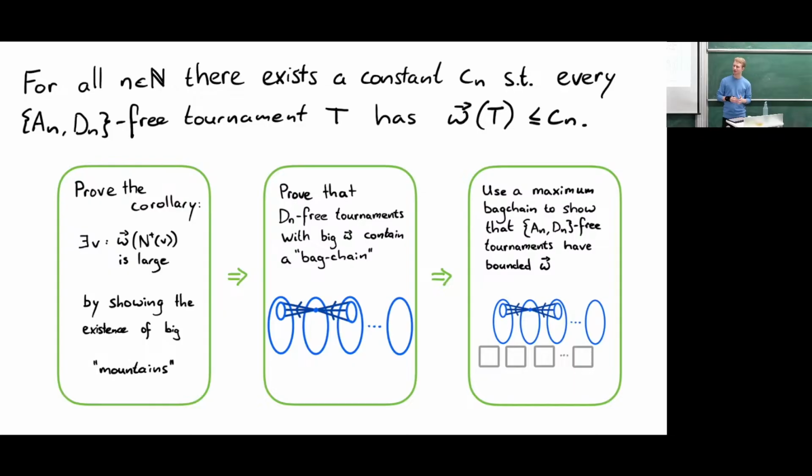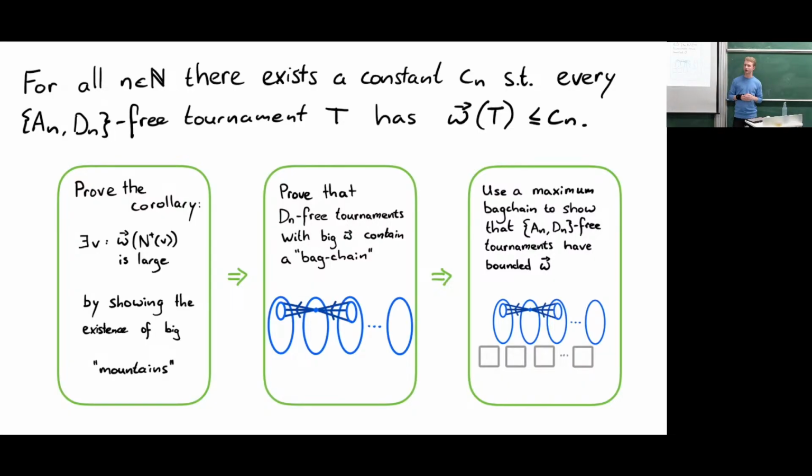Now this is for tournaments. We don't know for digraphs. That's an open question. But otherwise this provides essentially a complete answer. So if you're looking at forbidding a bunch of induced subgraphs and subtournaments and wanting bounded diclique number, then it suffices to forbid an induced subgraph of both some A_n and some D_m.